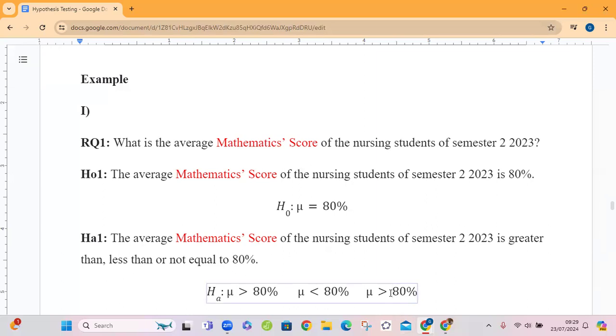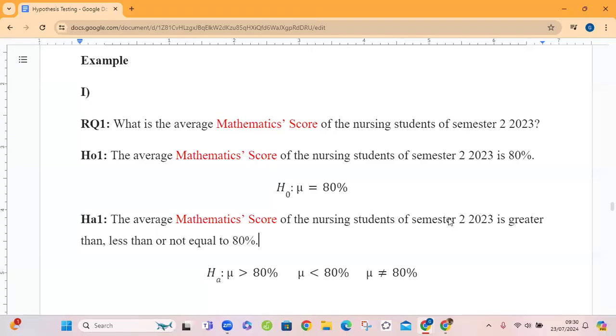Is greater than, is less than, and is not equal to. So the alternative would say either one of those three, greater than, less than, or not equal to, but the null will always say is equal to.